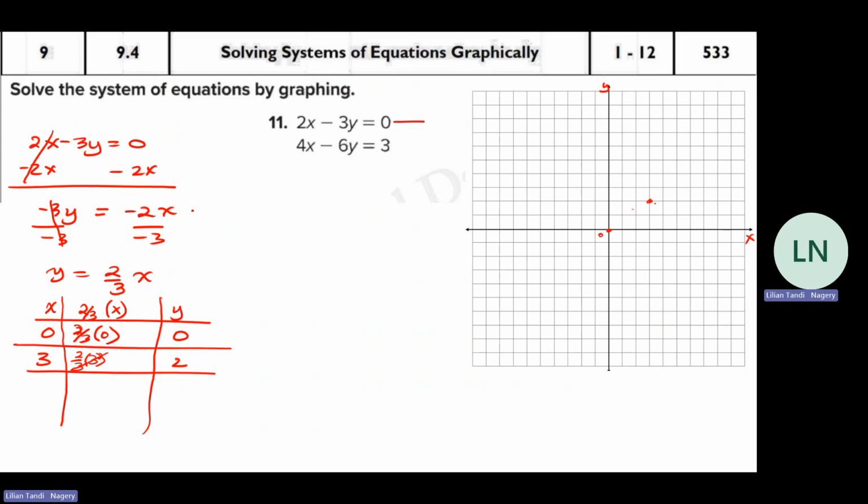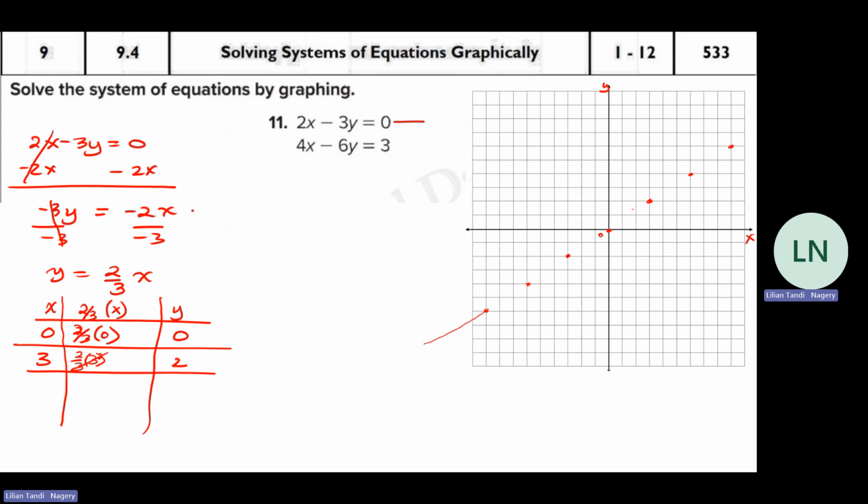Okay, so follow the rule. 3 to the right, 2 up. 3 to the right, 2 up. 3 to the left, 2 down. 3 to the left, 2 down. 3 to the left, 2 down.